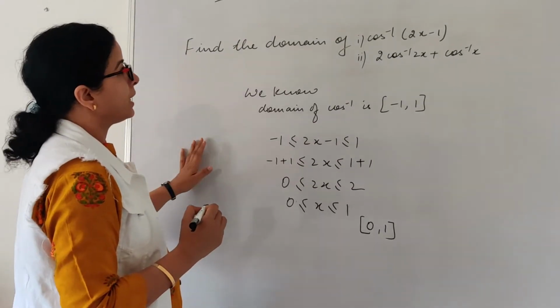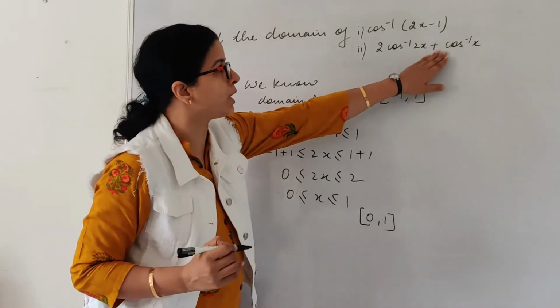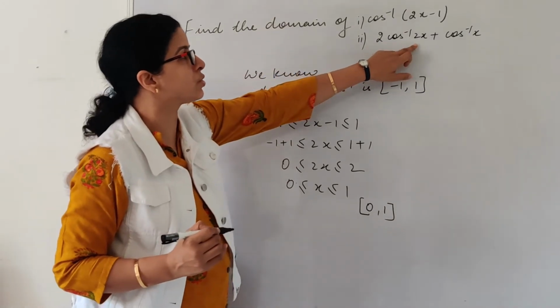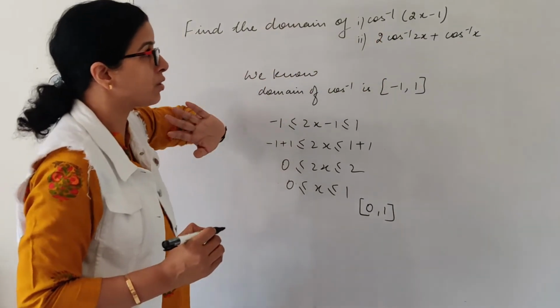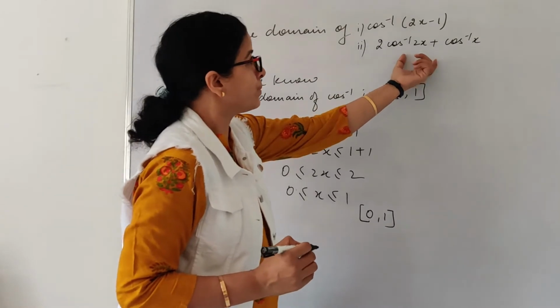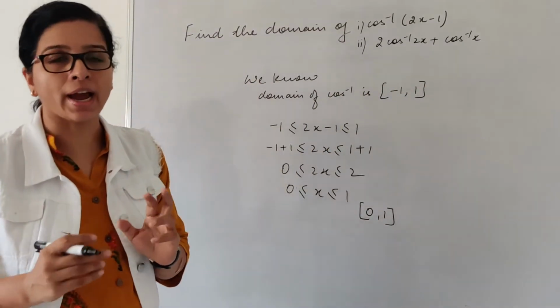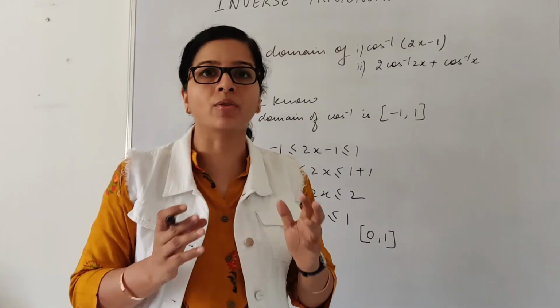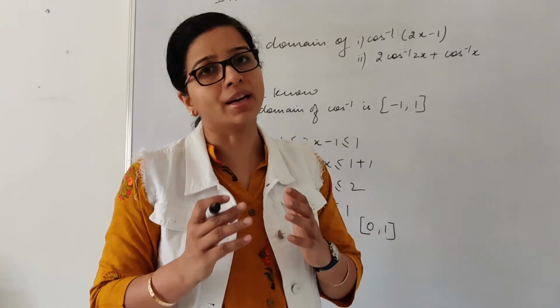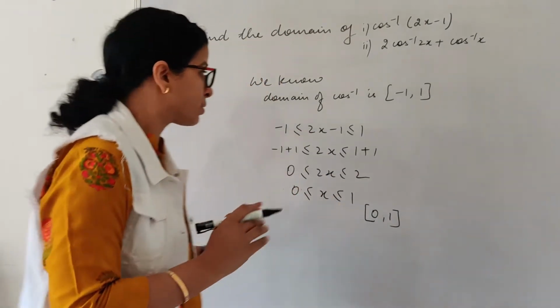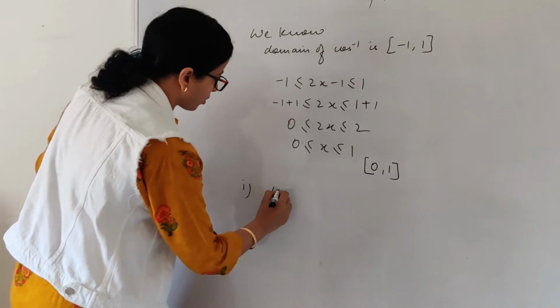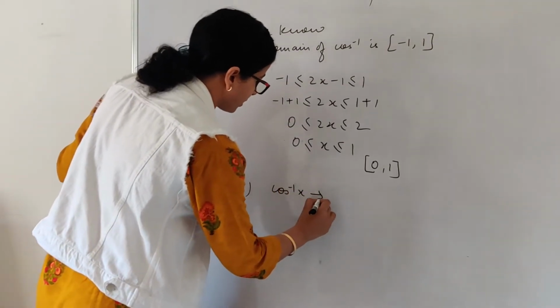Okay. Now we have to find the domain of this function, 2 cos inverse 2x plus cos inverse x. When we are talking about the sum of two functions, we have to find the domain of both the functions separately and then take the intersection of them. So let us check. First is cos inverse x. What is its domain?